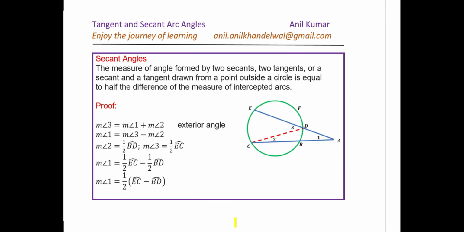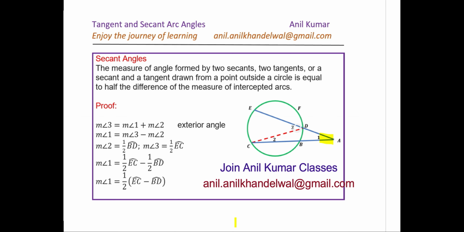Now let's look into the second case, which involves an external point. If I draw two secants, AC and AE, and I want to find the angle at A, I can interpret it in terms of the arcs formed, right? Intercepted arcs once again.